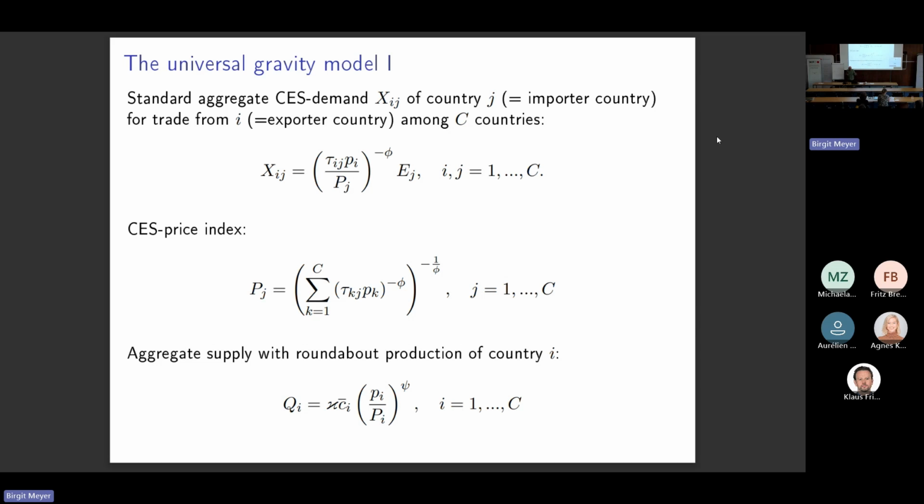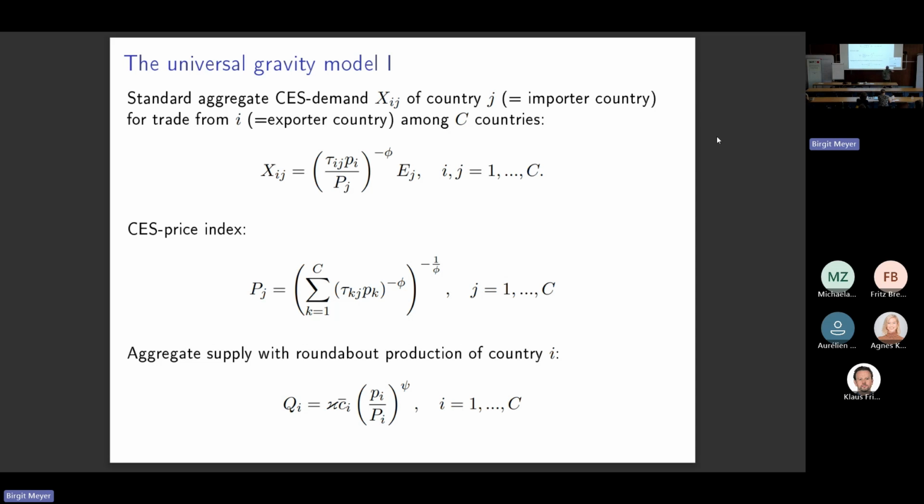They have the price index, and this one is new up here. That's the supply equation. It has a constant, depending again on the model. They have supply shifters that are I-specific, and the price enters up here, the price index and the phi, and this is the supply elasticity. Okay?